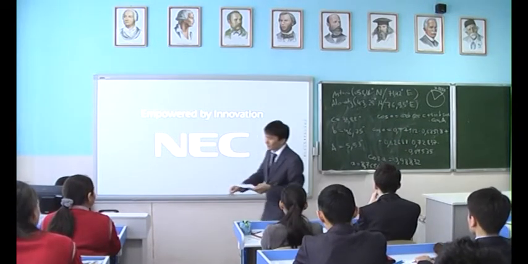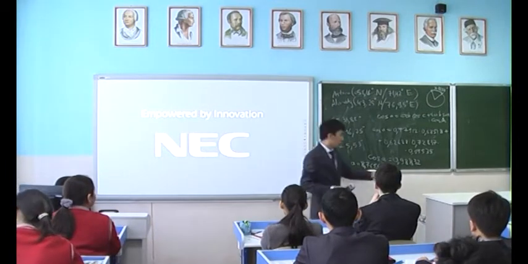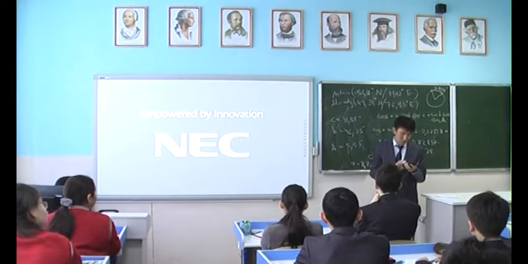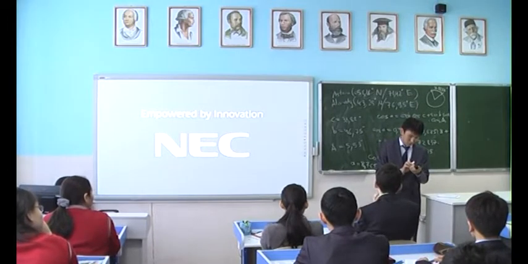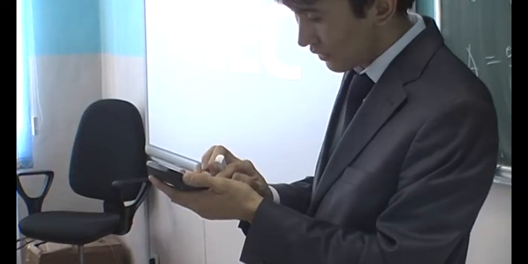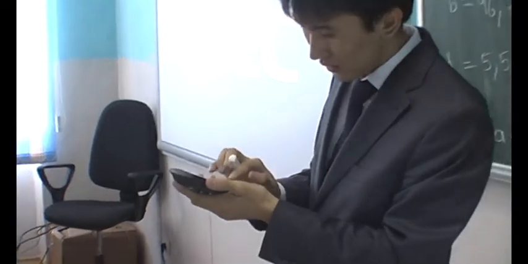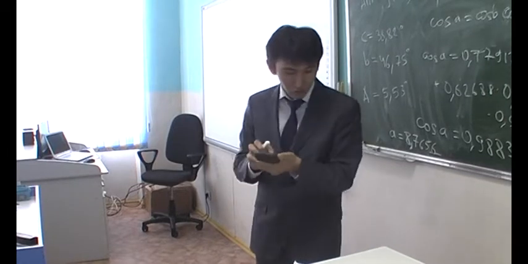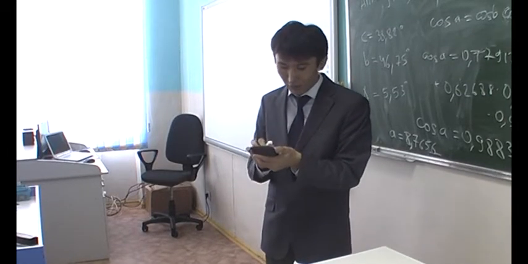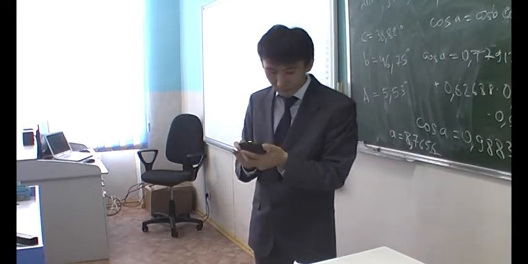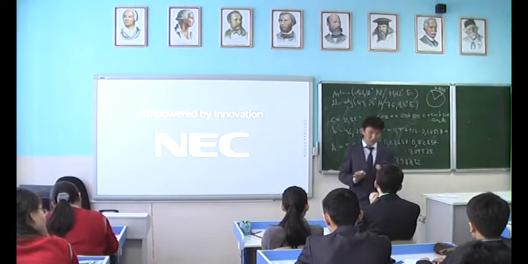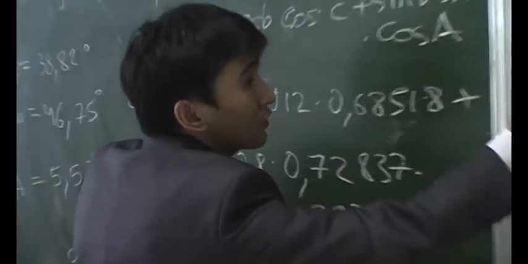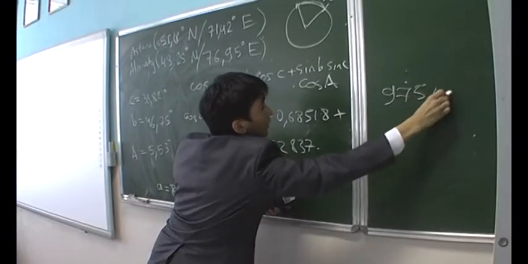Then we multiply 40,077.16 by 8.7656 and divide by 360. This is going to be 975 kilometers approximately.